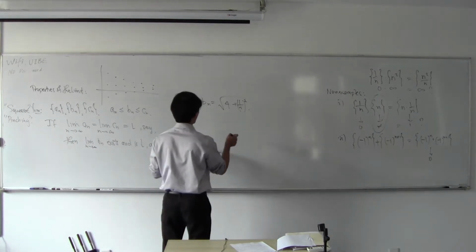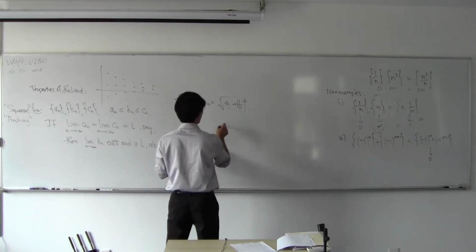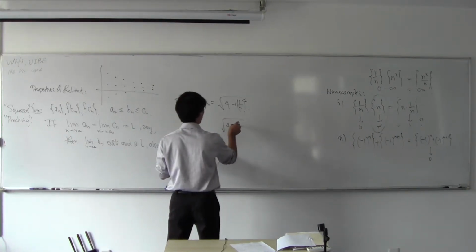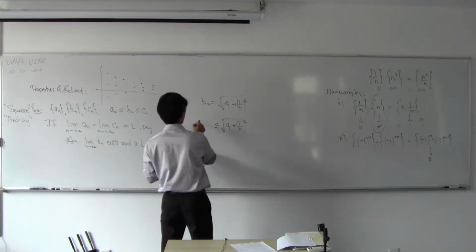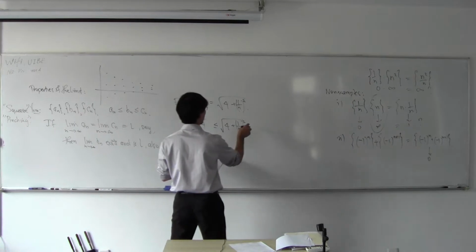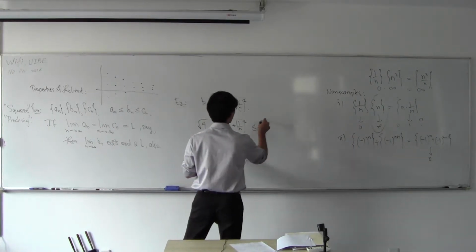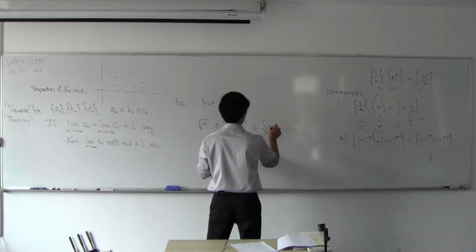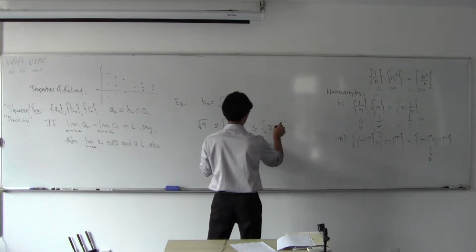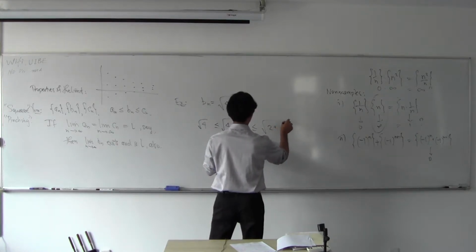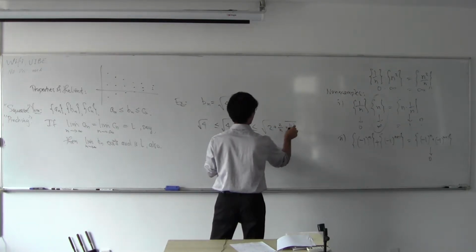Then you could notice that this guy is trapped between the square root of 4 and the square root of 2 plus 2 over n plus 1 over n squared.